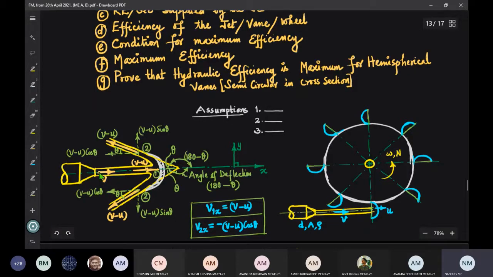In the x direction the jet is impinging, and the vane also moves in the x direction, so the relative velocity is v minus u. The jet is deflected also with the same magnitude of velocity, v minus u.